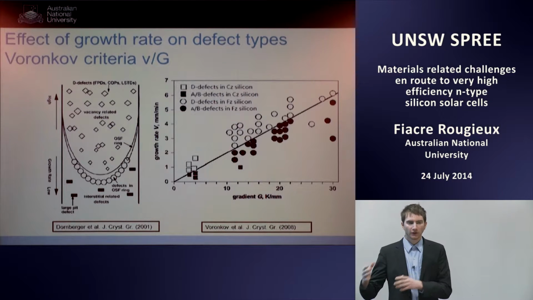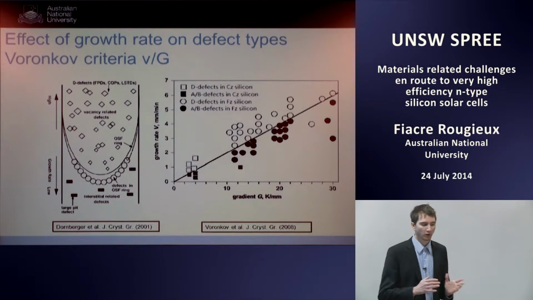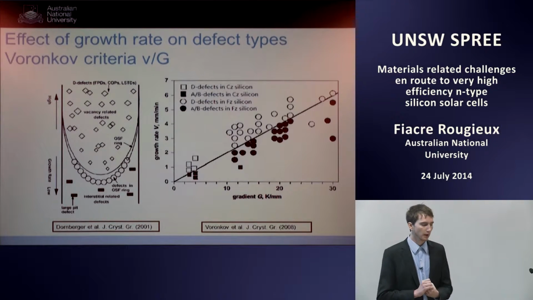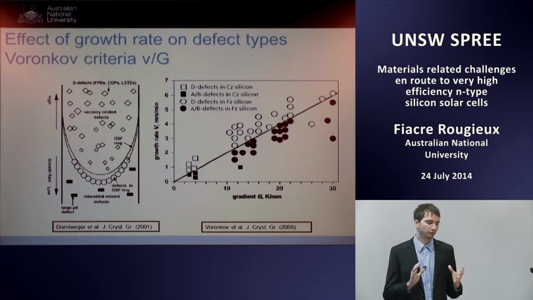How do we know if we have a vacancy or an interstitial? Well, there's a very standard criterion used in the silicon growing industry, both for CZ and float zone silicon, and this is the Voronkov criterion.